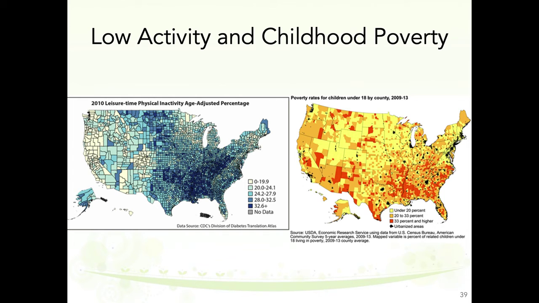In particular, the South and Appalachia in the US is an area of stronger poverty, and it's an area of greater inactivity. This is worth looking into a little bit further because poverty is a very different kind of explanation for inactivity than an individual level factor like willpower, or an education idea like just getting the right information out in society.